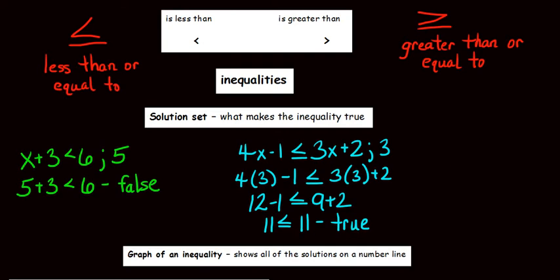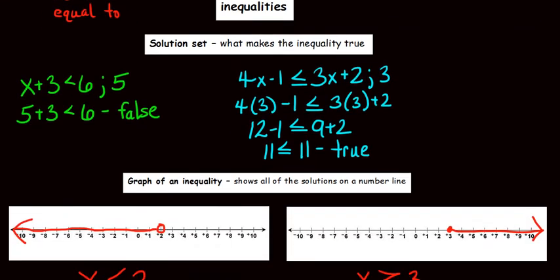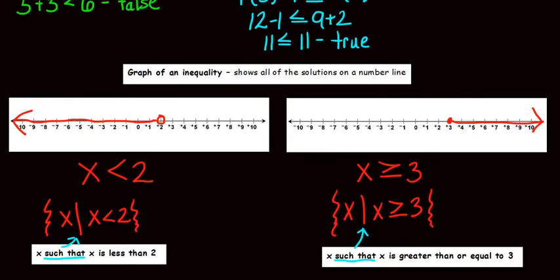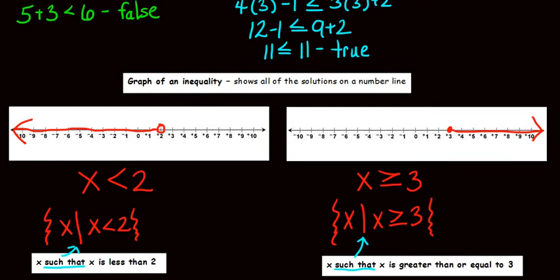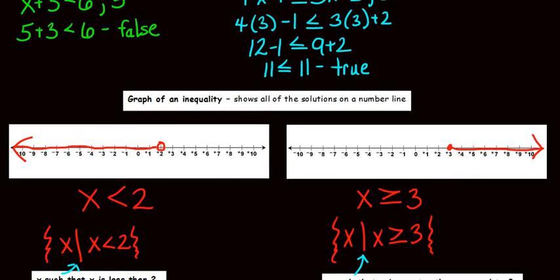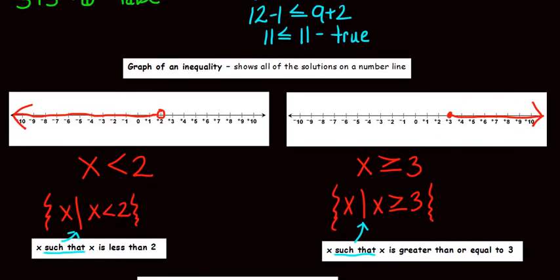How do we graph inequalities? We want to show the solutions on a number line. So I put 2 number lines up here, and I just put a simple inequality, x is less than 2. To show that on the number line, I circled 2 because 2 is not included, but everything to the left of it is included.